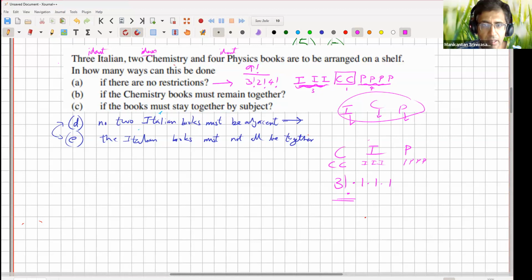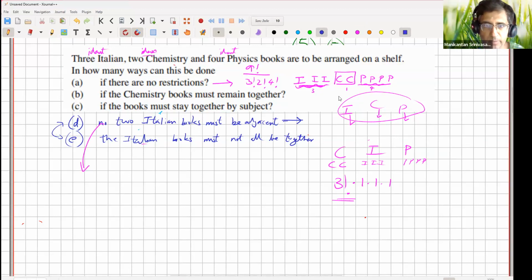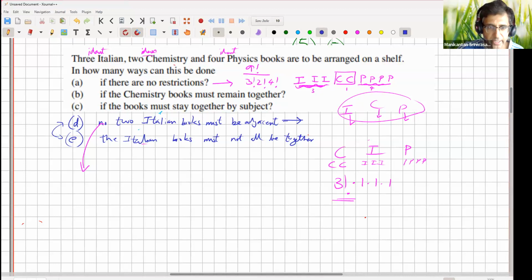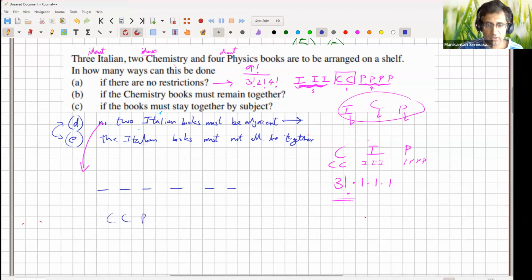Okay, all right. And then no 2 Italian books must be adjacent. Okay, again, the same principle. No 2 Italian books must be adjacent, right? So I have the 6 slots for the chemistry and the physics. 1, 2, 3, 4, 5, 6, right? So there are 2 C's and the 4 P's.